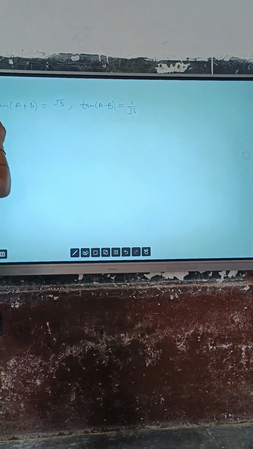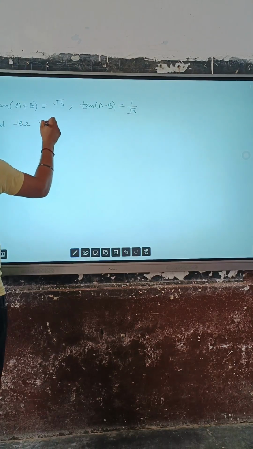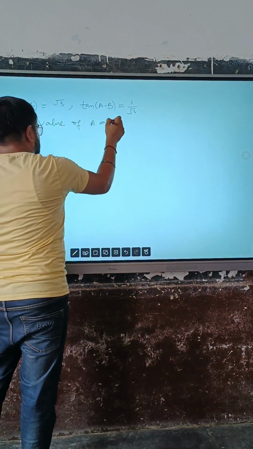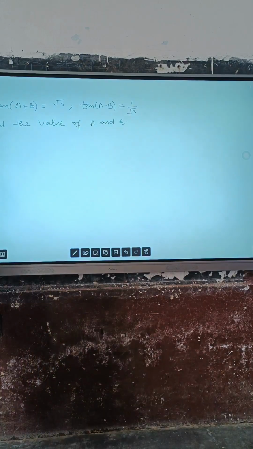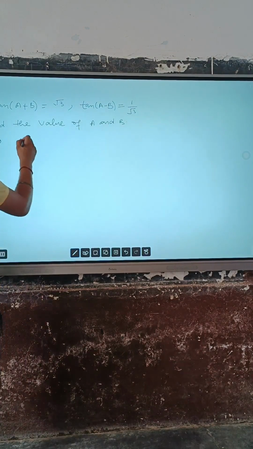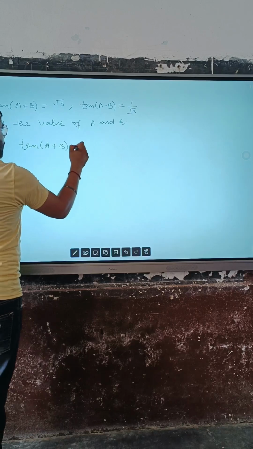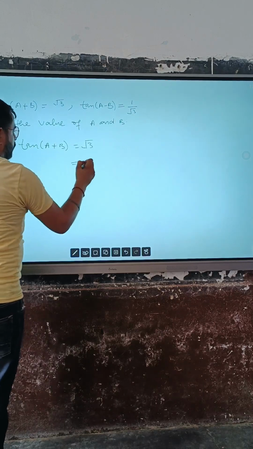So find the value of a and b. We solve it by using the values from the trigonometric table. So tan of a plus b is equal to root 3, and root 3 is the value of tan 60.